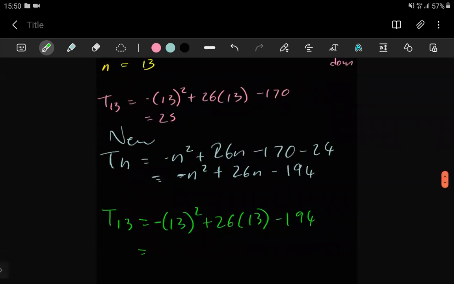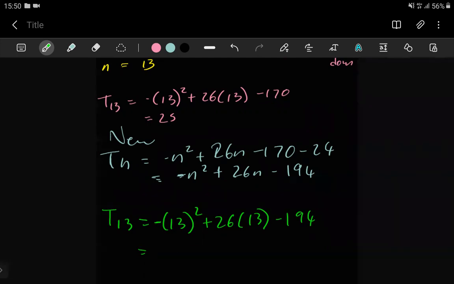Let me just double check something. Give me 2 seconds. Let's see here. 13 squared plus 26 times 13 minus this. I think for the first one, that's where the issue was.